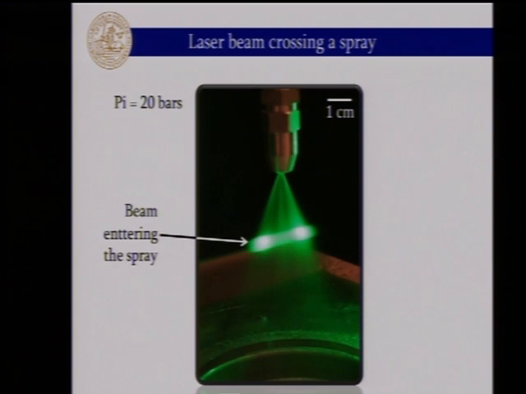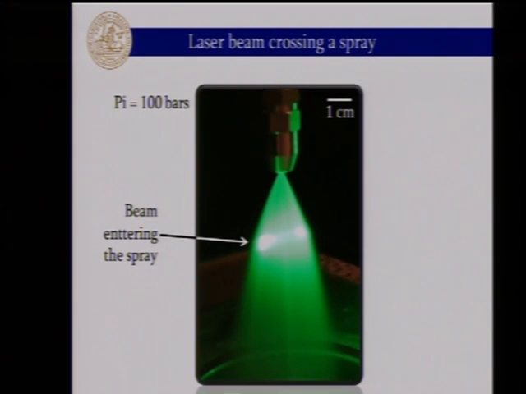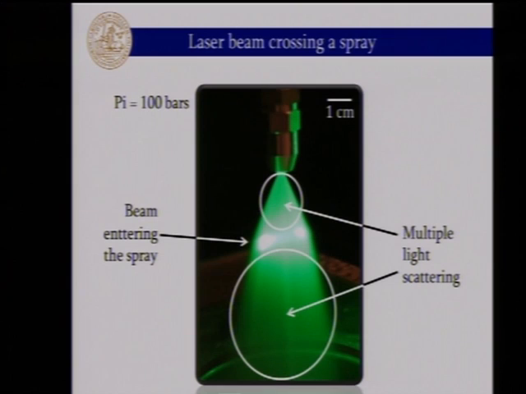Now if you increase the pressure of injection, this effect is more and more visible. If you increase from 20 bar to 60 and 200 bar, then the number density of droplets is much higher, and this effect is very visible, with a lot of multiple light scattering around the illumination volume.